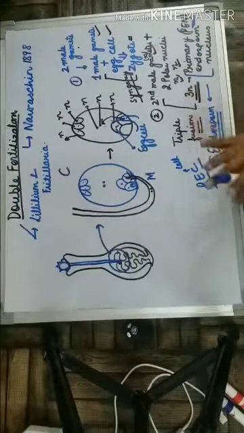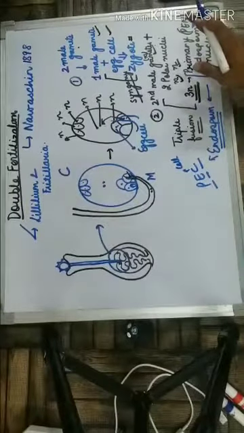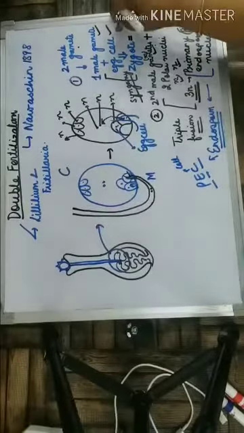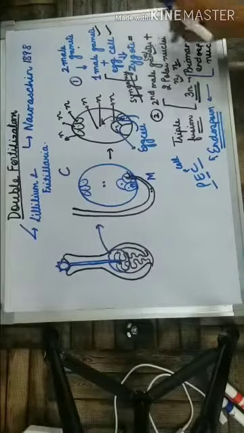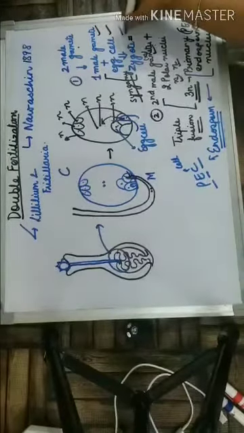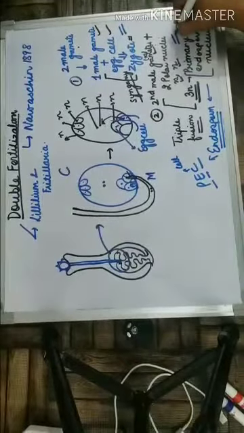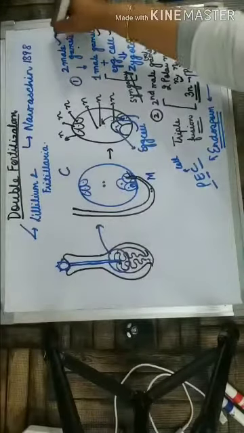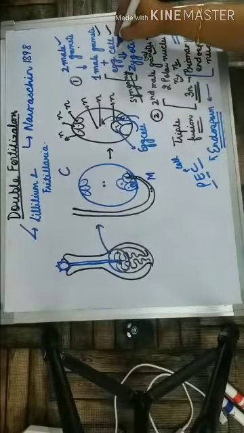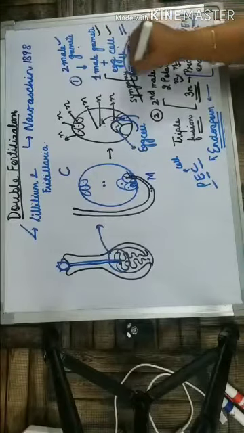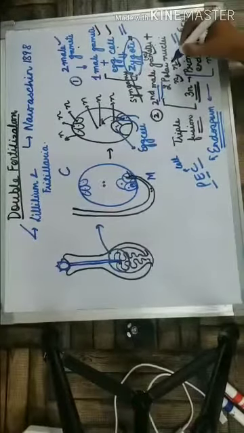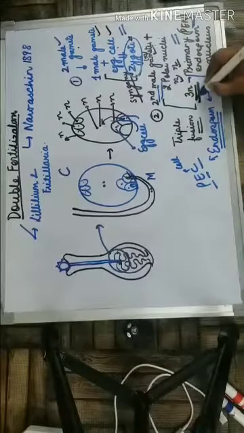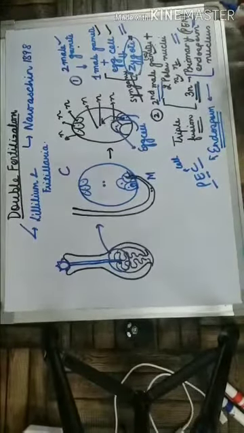Now, this is a unique feature of angiosperms, that two fertilizations are going on. One is here and the second is here. That means two male gametes are there. One is uniting with the egg cell to form a zygote, and another male gamete, the second male gamete, is uniting with the polar nuclei to form a 3n structure that becomes endosperm.